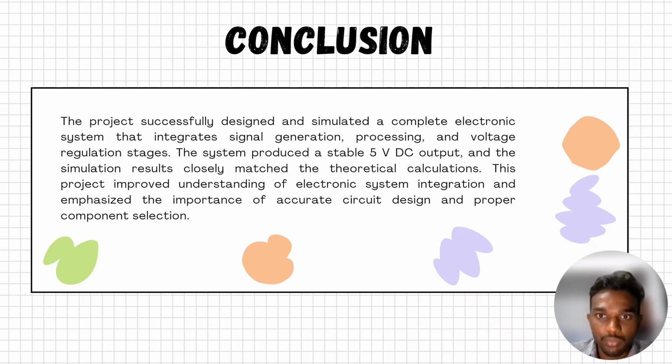Through this project, we gained better understanding about electronic system integration, especially in designing and analyzing circuits for stable performance. Overall, this project demonstrates the importance of proper planning, accurate calculation, and suitable component selection in achieving an efficient electronic system.